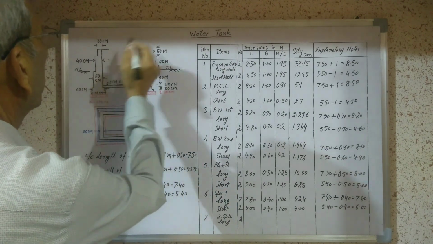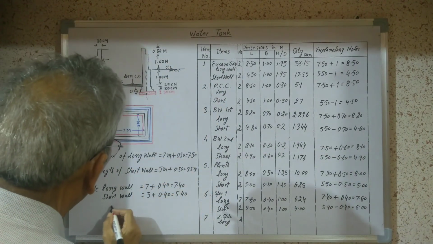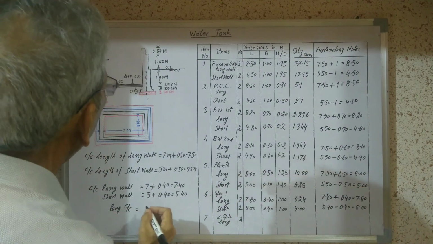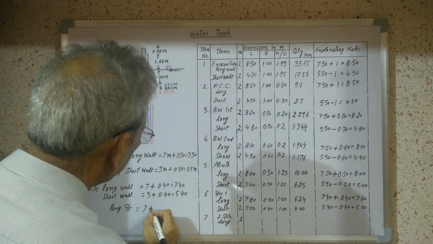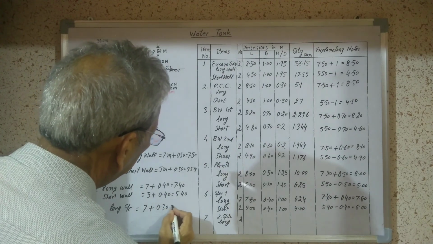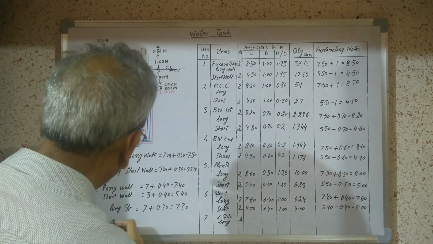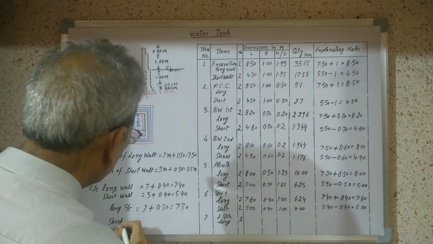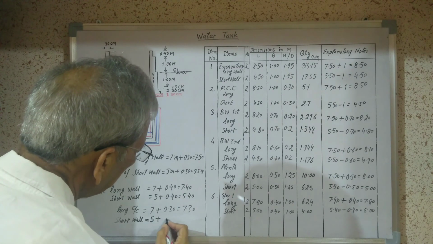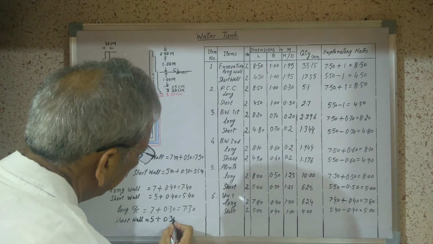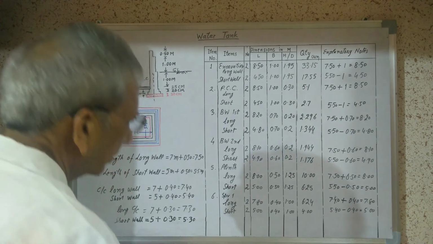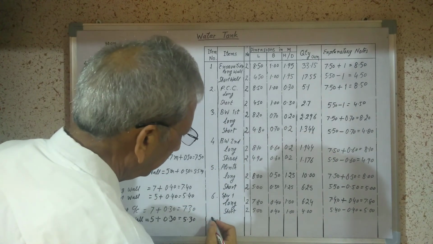For the long wall, center to center, it will be 7 meter plus 0.3 thickness of the wall. It will be 7.3. Similarly, short wall is 5 plus thickness of the wall 30. It is 5.30.